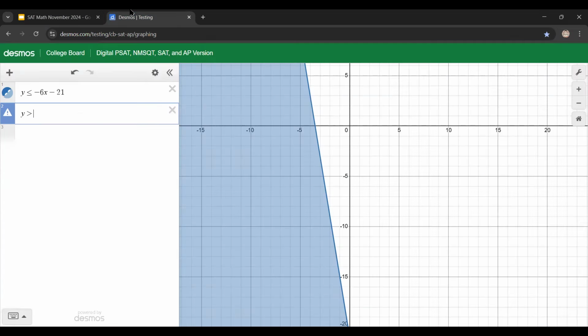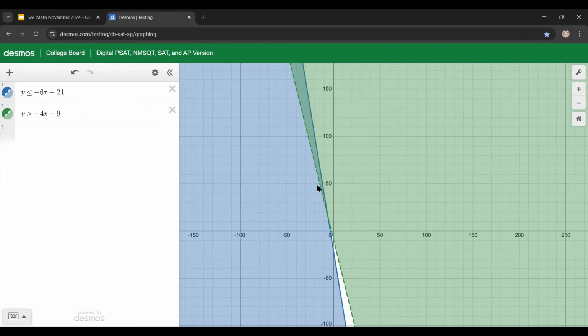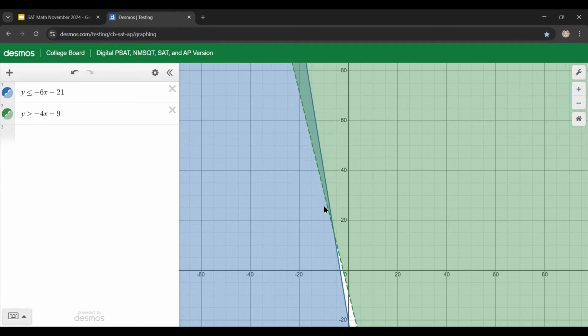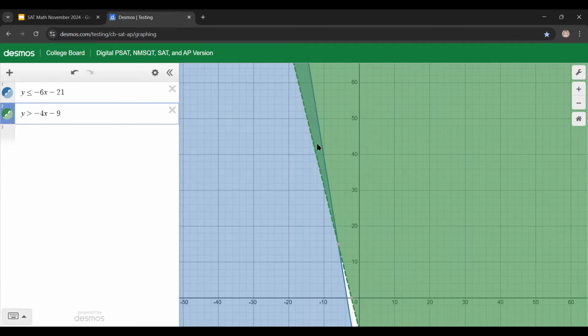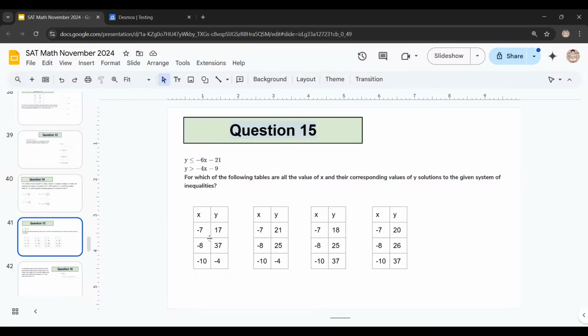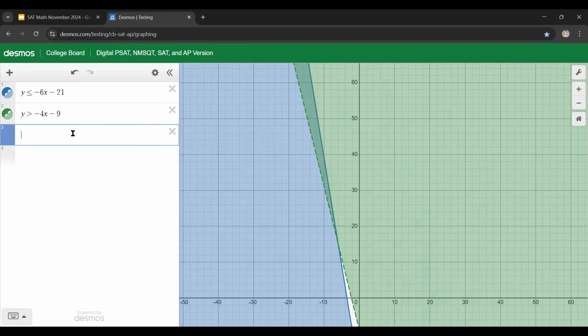So where is our solution? You see this intersecting part is our solution. This double shaded region is our solution. Now, first of all, we need to find the value for x is negative 7.